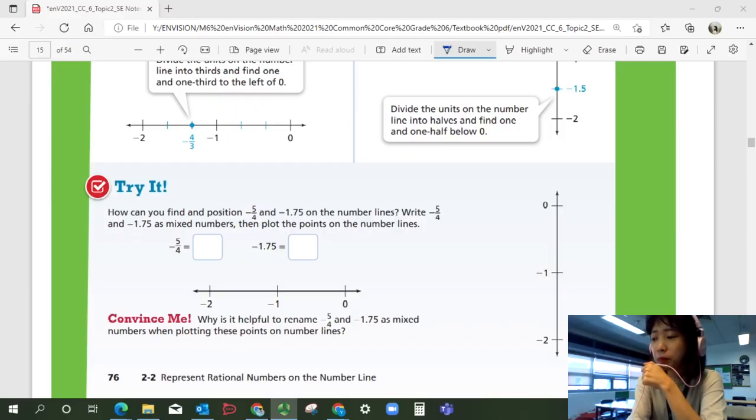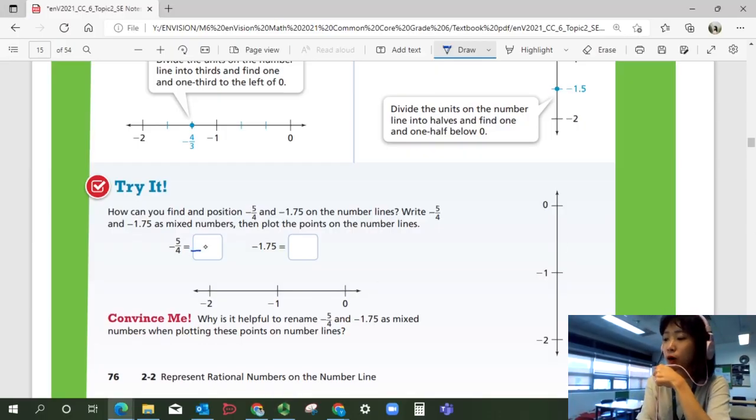Okay, are you ready? So what is -5/4 as a mixed number? Yeah, -1 and 1/4. So you're going to divide your unit into 1/4, right? You can divide it in half, divide in fourths. -5/4 is 1 and 1/4 on the left side of 0 on the horizontal number line, right?